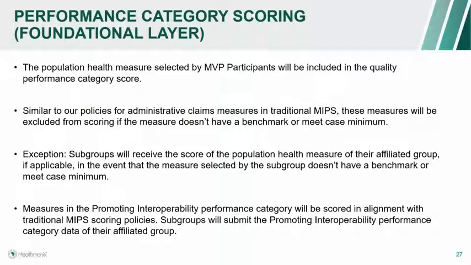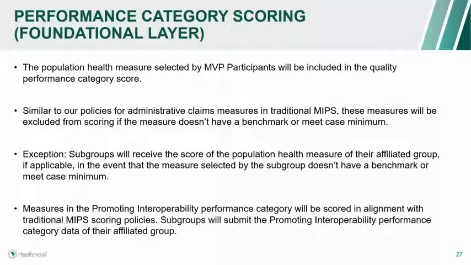And then some information about the performance category scoring for the foundational layer. The population health measures selected by MVP participants will be included in the quality performance category score. And then similar to the policies for administrative claims measures in traditional MIPS, these measures will be excluded from scoring if the measure doesn't have a benchmark or meet the case minimum.